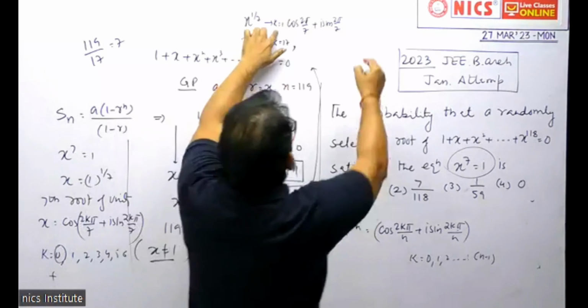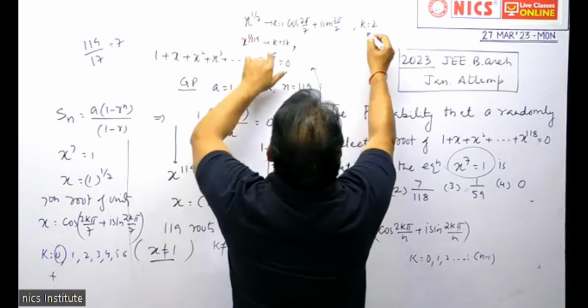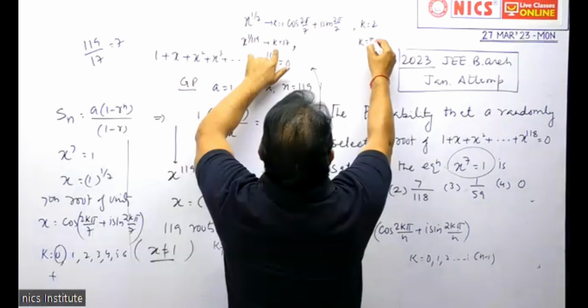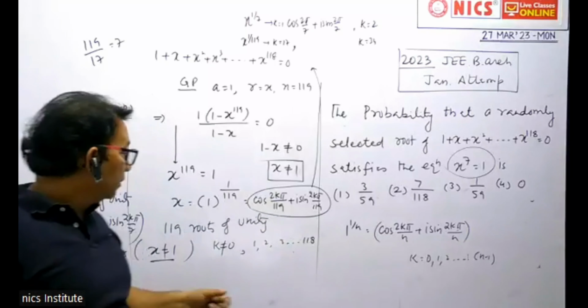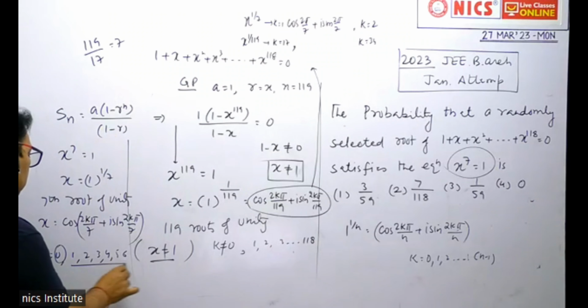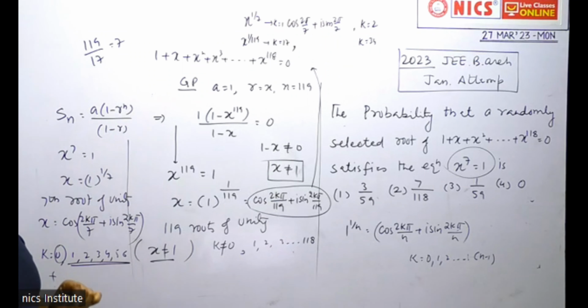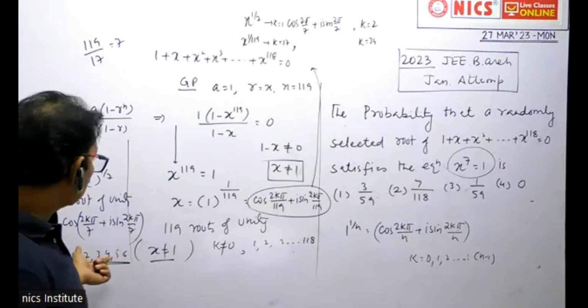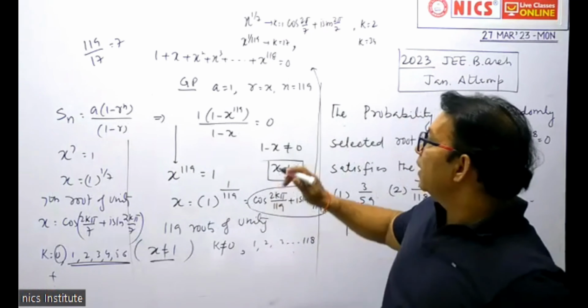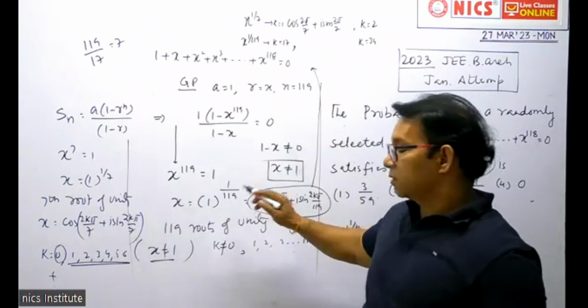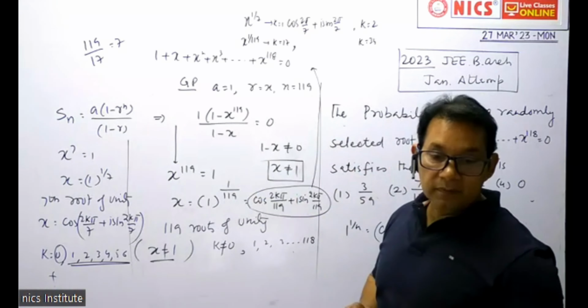When k is 2 over here, k would be 34 here. And so on. The value of k would vary from 1 to 6. That means these 6 roots will also be there in these 118 roots.